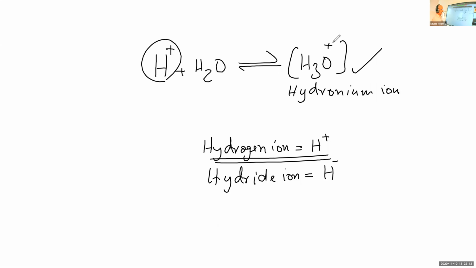So the H plus ion formed immediately combines with the H2O molecule forming hydronium ion, H3O plus. So that is about the Bronsted acid and base.